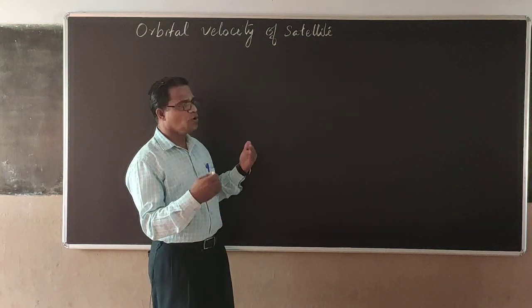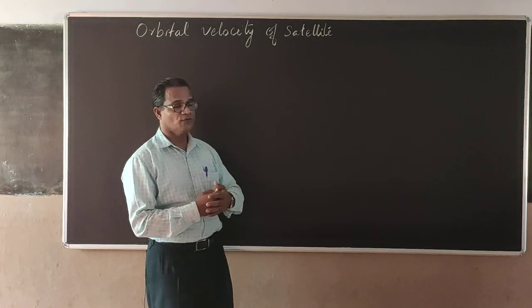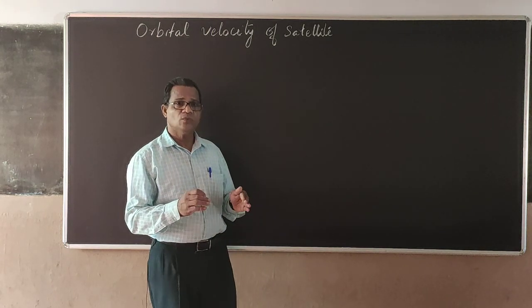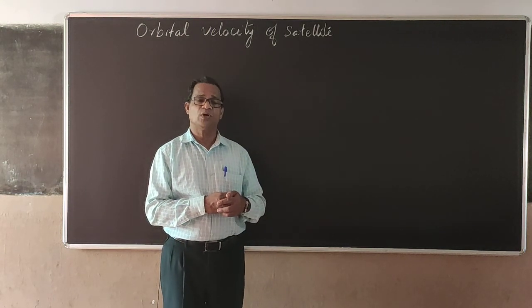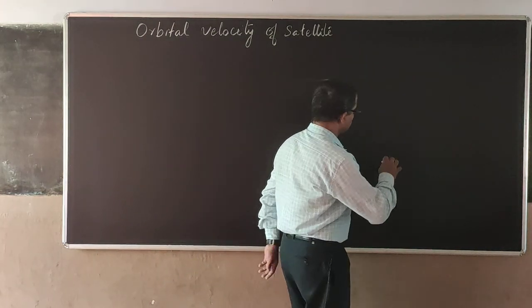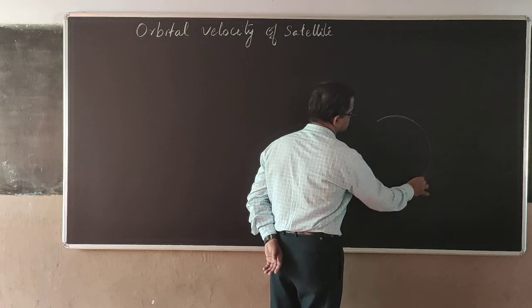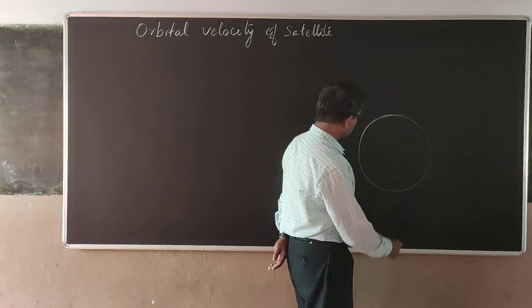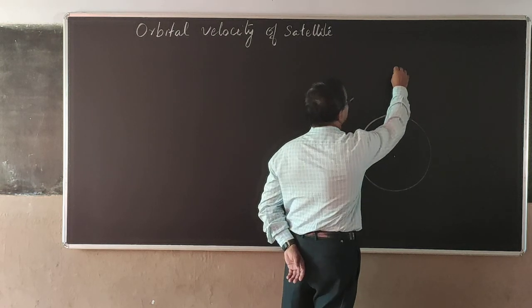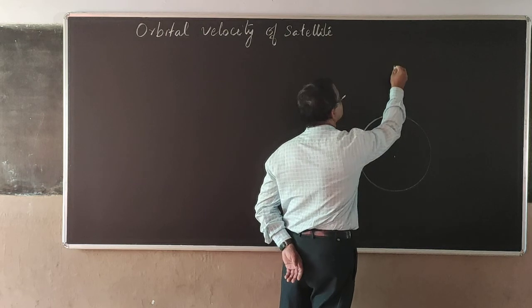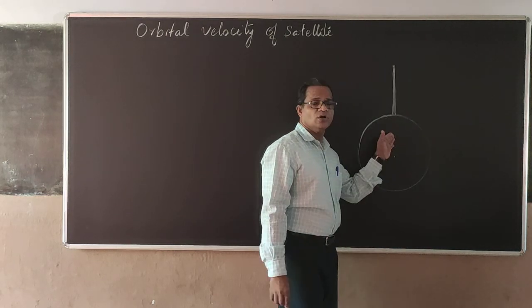Now, before going into the details of orbital velocity and all, we must know how satellite motion is possible. For that, a very simple example we can consider. Suppose this is Earth, and I have a tower on the surface of Earth.